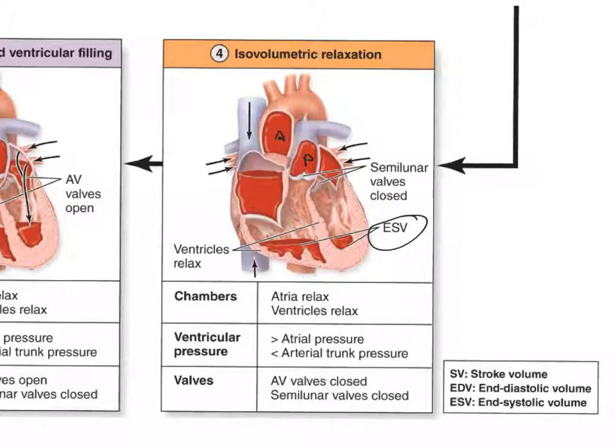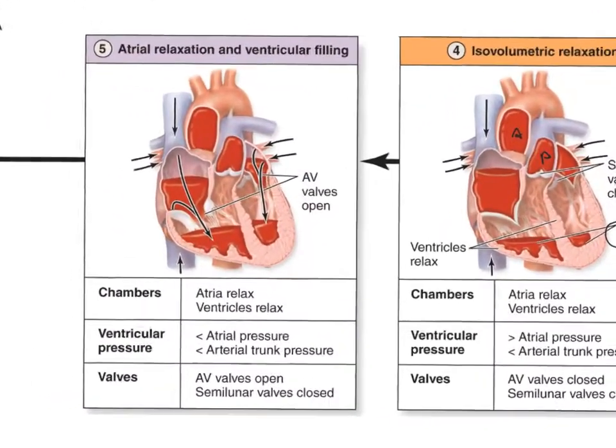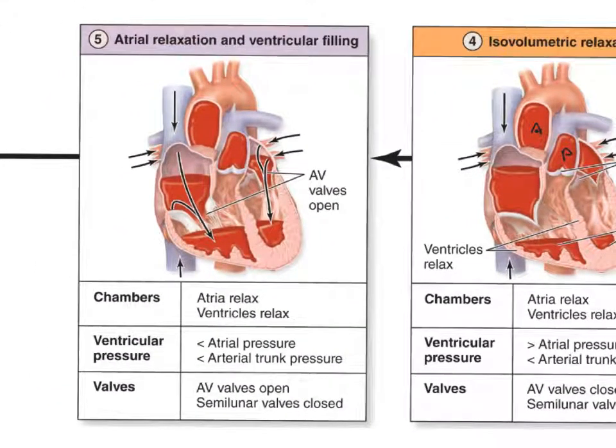Okay? So now the ventricles relax, and the pressure allows the semilunar valves to close. So now we come back to the beginning, where everything's relaxed. The atria are relaxed and open. The ventricles relax.